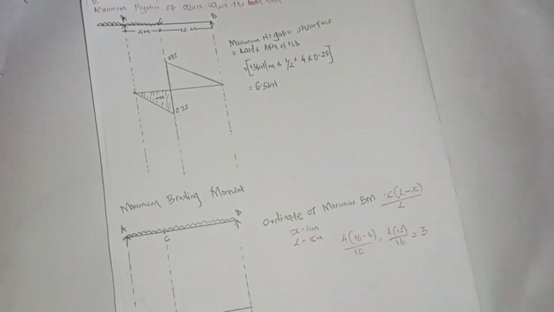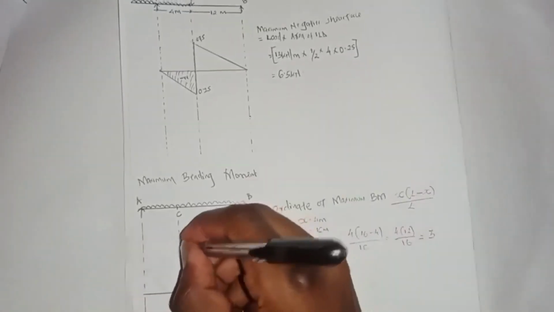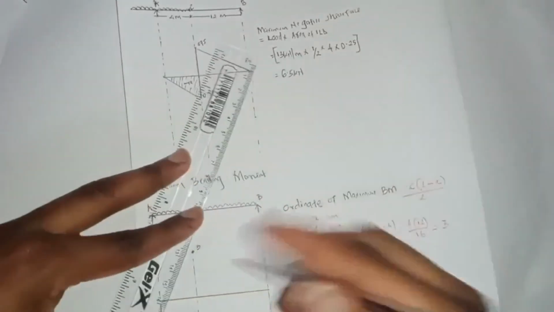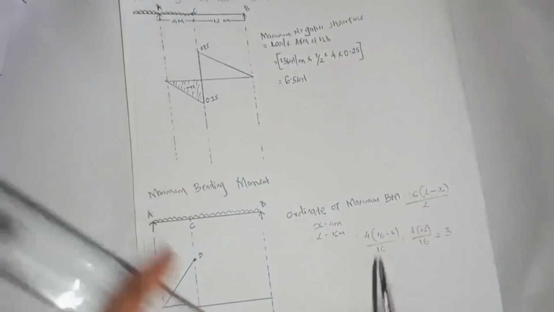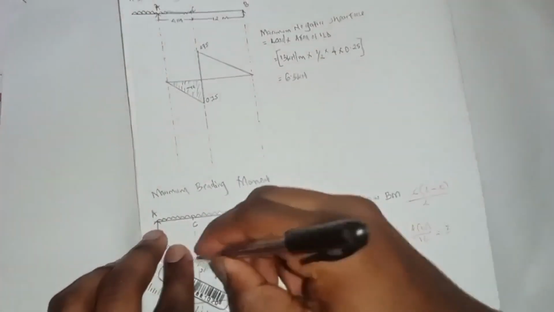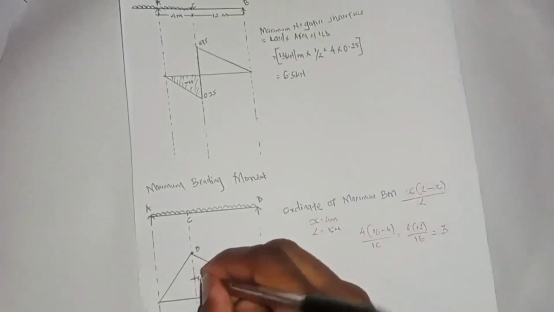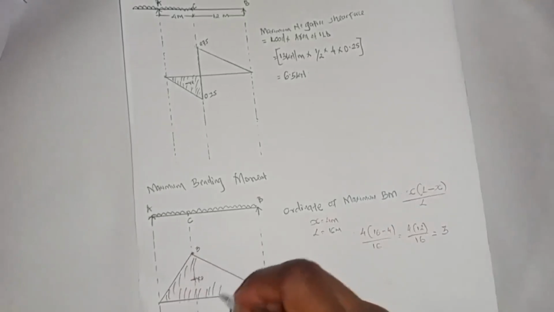So this is our ordinate, and we are going to locate it at point C. It is going to have a triangular look. This is all positive. I'll shade it because this is the area that we are looking for.